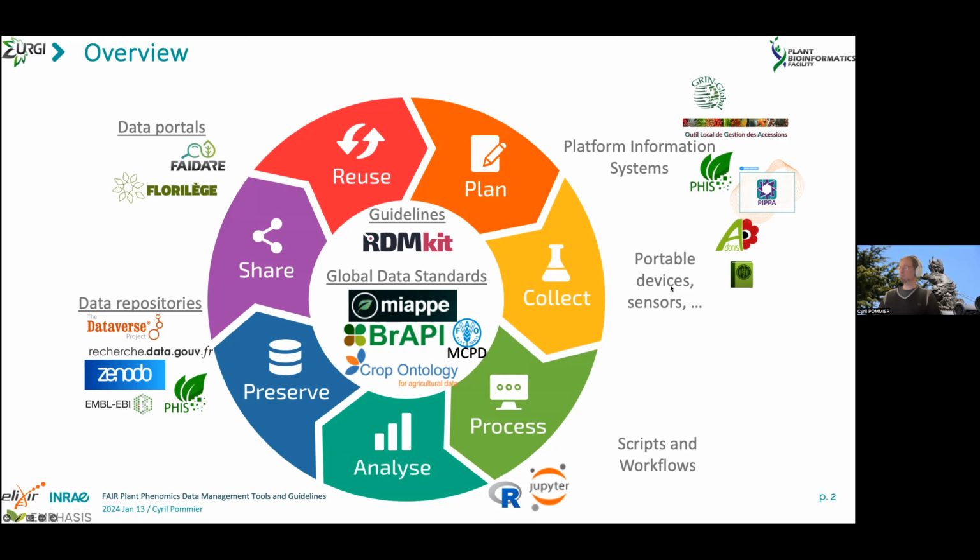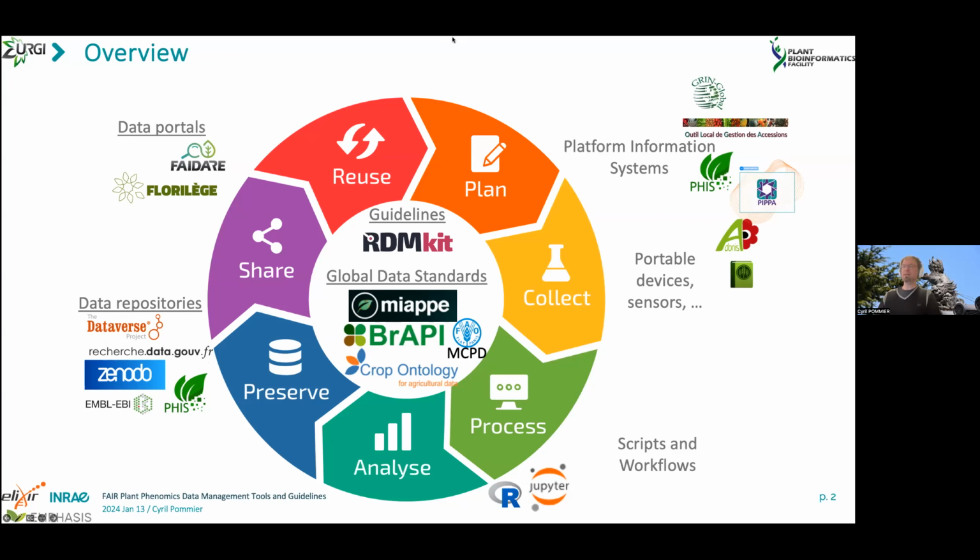There are also portable devices, sensors, which are also very project or community specific, scripts, workflows, and finally data repositories, which can be generic, such as Dataverse, Recherche Data Gouv, which is a Dataverse, Zenodo, or way more specific, such as the ENA, the EBI equivalent of the NCBI in Europe, and the FAIDARE information system for phenomic data, which you had a presentation about back in October.